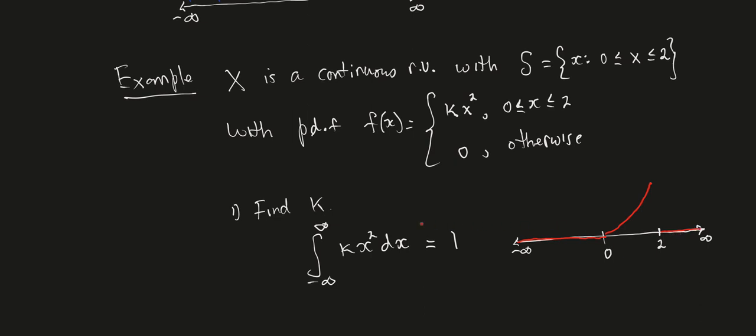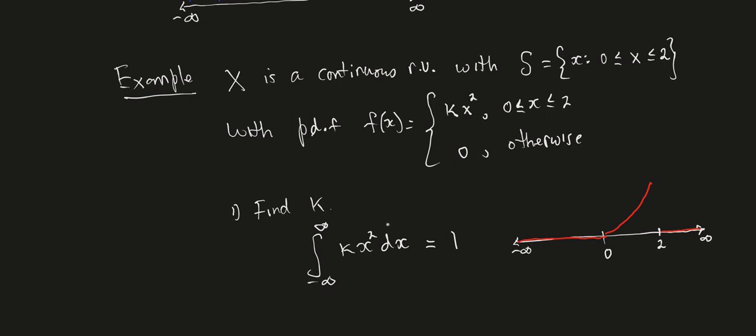So even though negative infinity to positive infinity is part of the definition because we have to allow for all real values of x, in this case, because our sample space only consists of values of x between 0 and 2, we can ignore the interval from negative infinity to 0 and the interval from 2 to infinity.